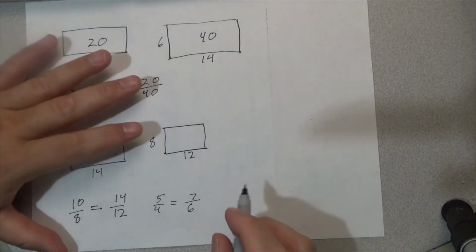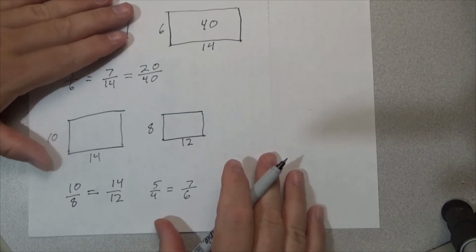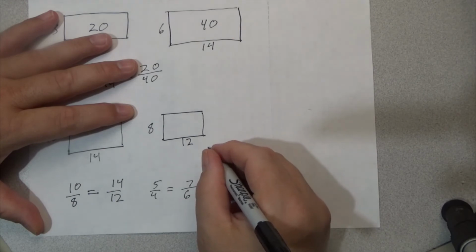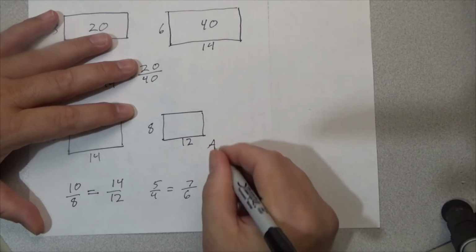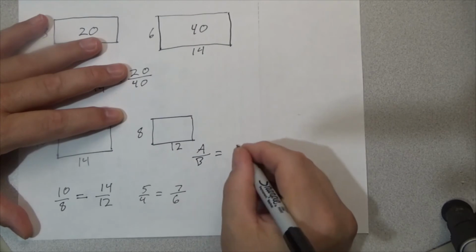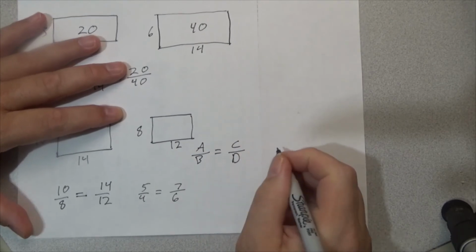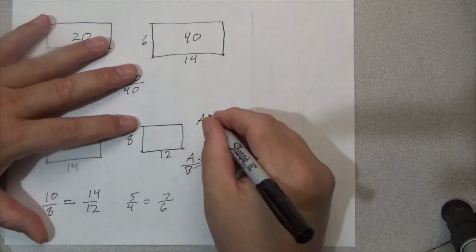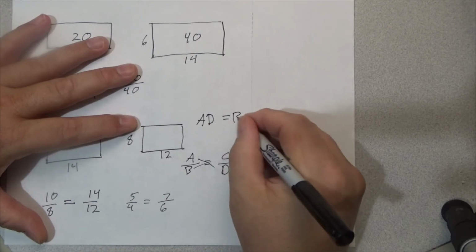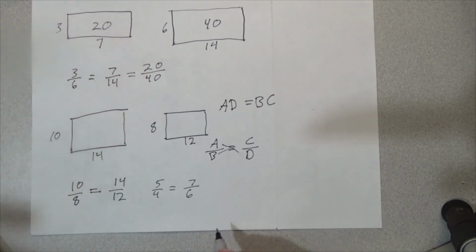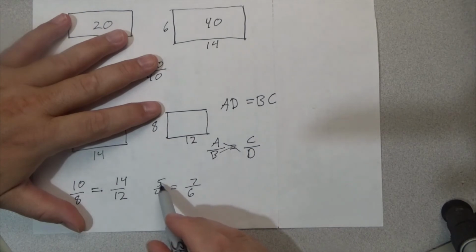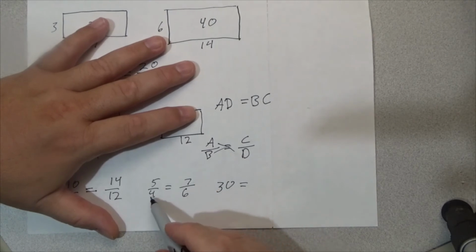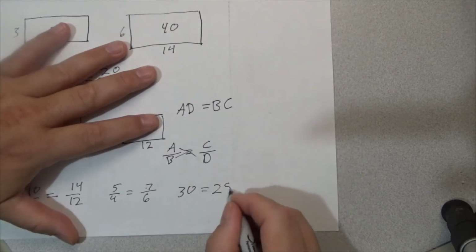If it's not clear, we can use what's called cross multiplying. Whenever you have two fractions that are equal, so if A over B is equal to C over D, then by cross multiplying we say that A times D is equal to B times C. So what does that mean for this? 5 times 6, which is 30, is that or is that not equal to 4 times 7, which is 28?